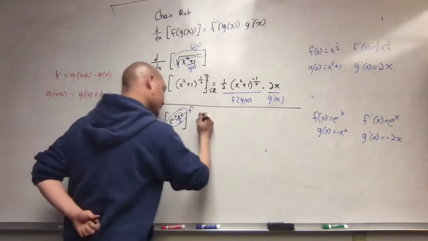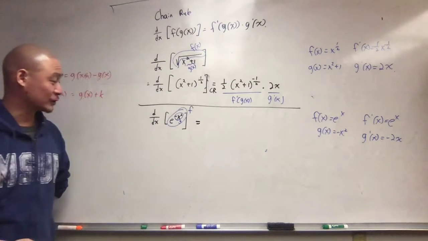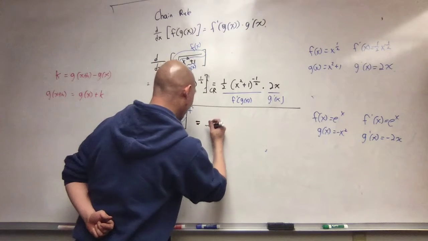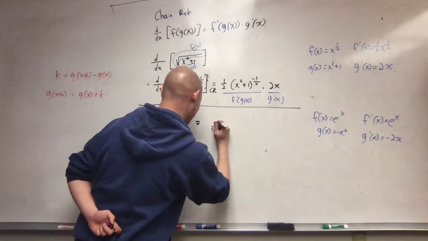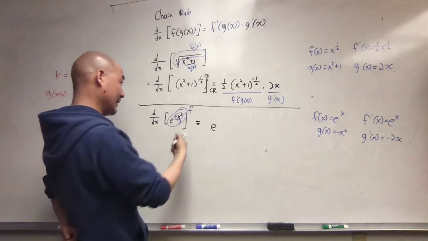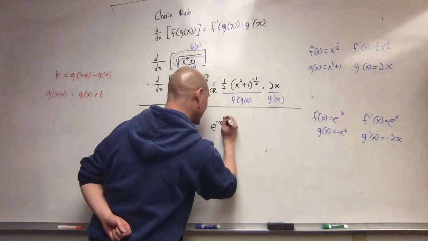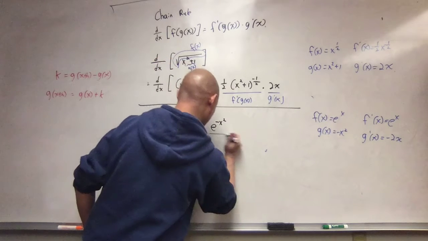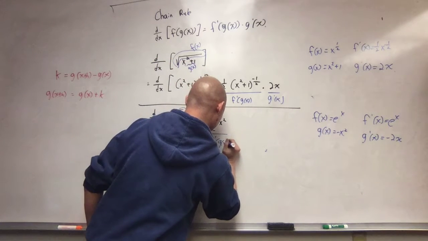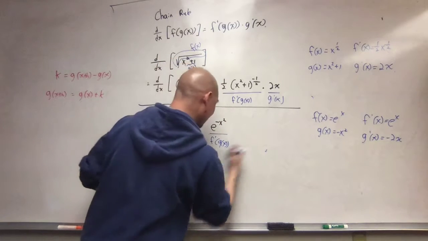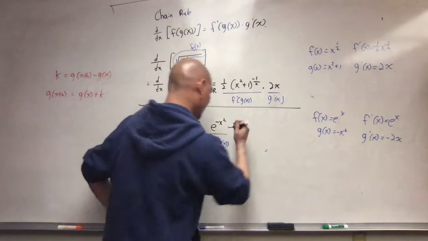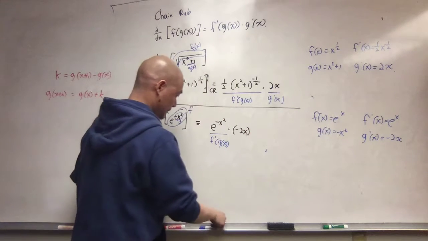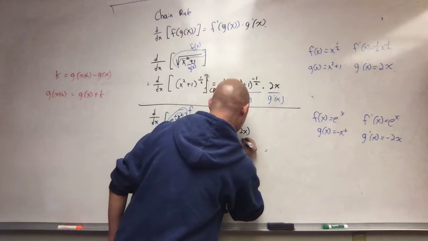So if I were to evaluate that out, I would get f prime evaluated at g, so that's f prime of g, times g prime.